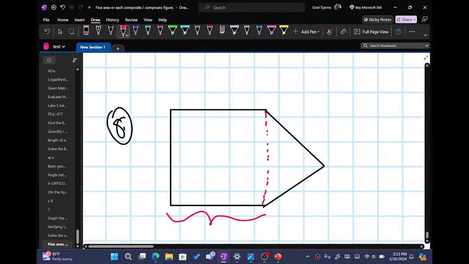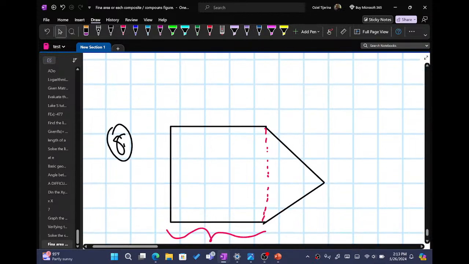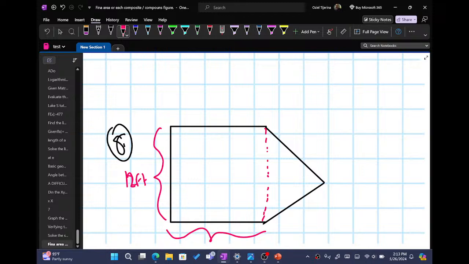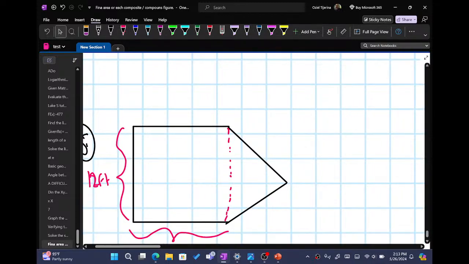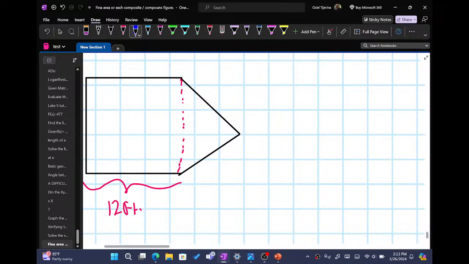So they're saying that this side is 12 feet, and also this side. Obviously, this is a square, right? We have a square and a triangle. And then they're saying that this side here is 6 feet.